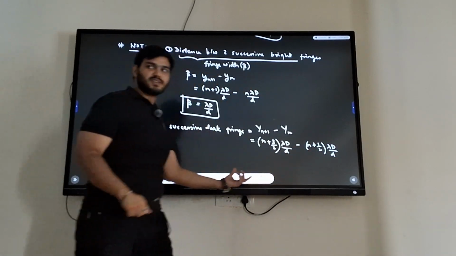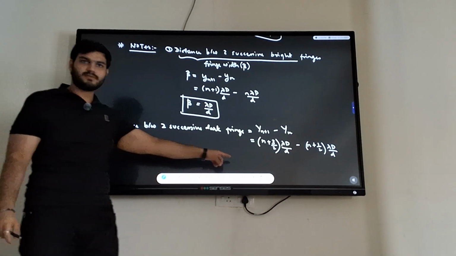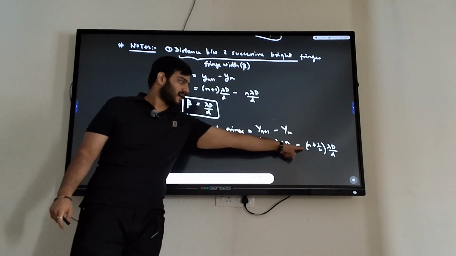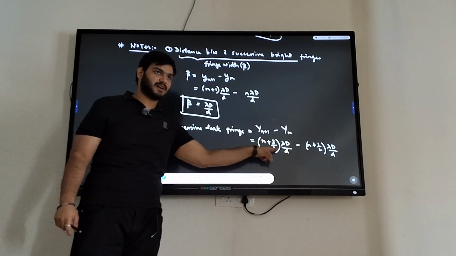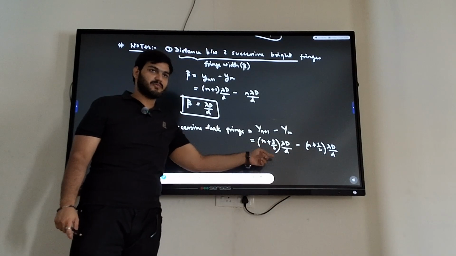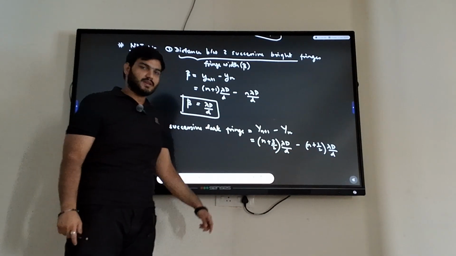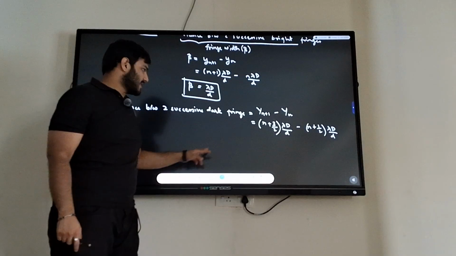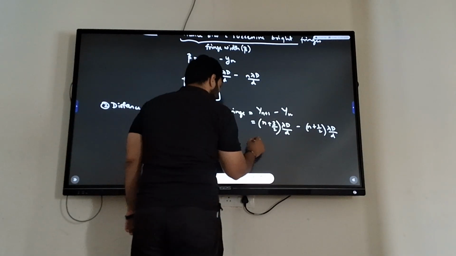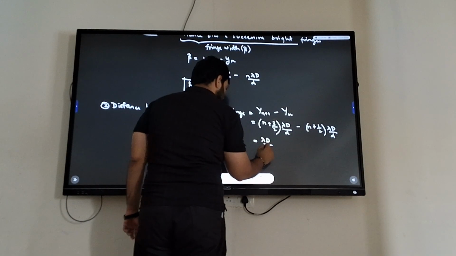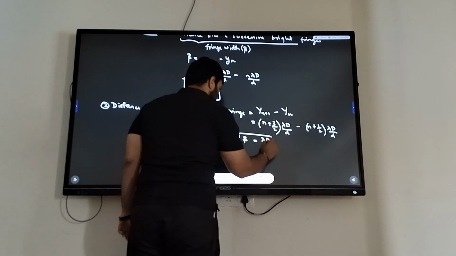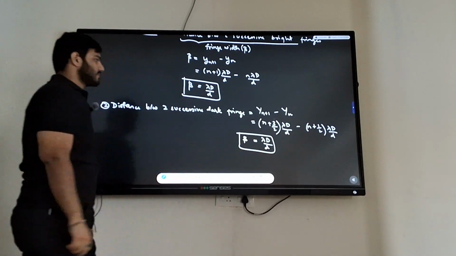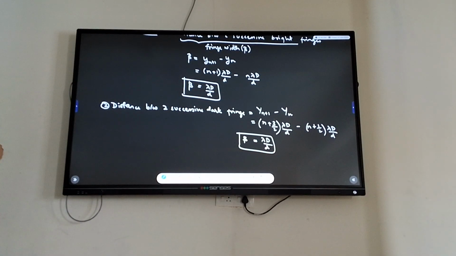Please check if my calculations are correct. This is for Yn and this is for Y(n+1). The 1 plus half becomes 3 by 2. So from this subtraction as well, you will get lambda D by small d. That's again beta, the distance between two dark fringes.